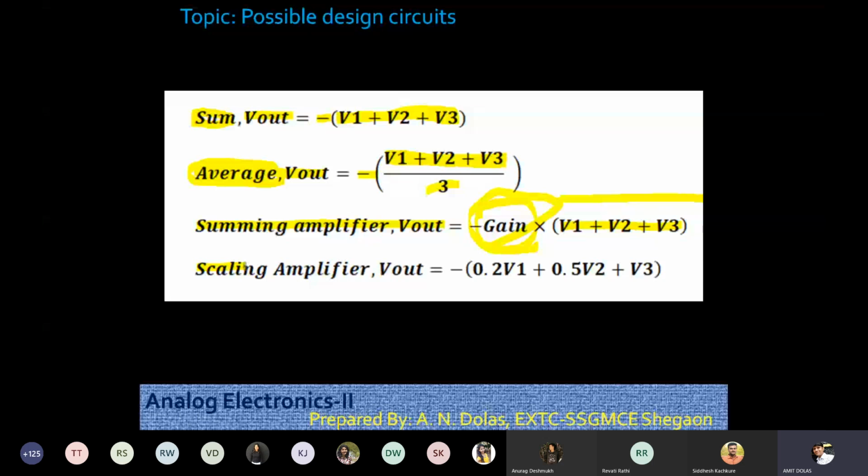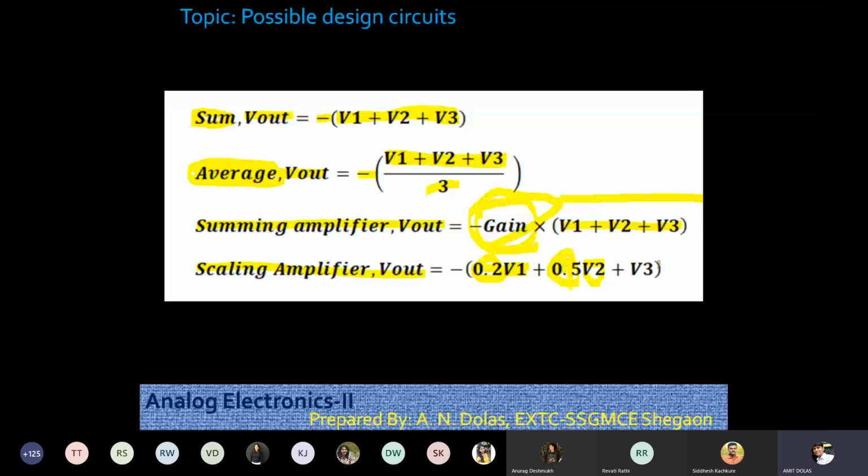And last is the scaling amplifier. Whatever we discussed in the very first example was a single scalar. But here is the scaling amplifier. You can see individually source V1 is scaled by scaling factor 0.2. Then source V2 is scaled by factor 0.5.